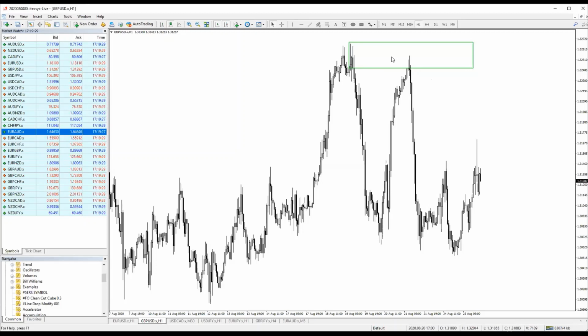So only the first fresh touch at the first zone, and only 15 pips, right? So we would be risking here about 26 pips, 28.